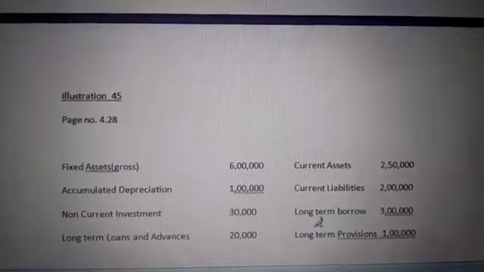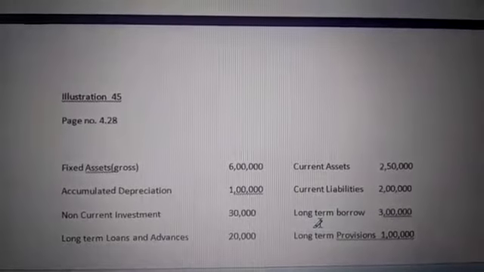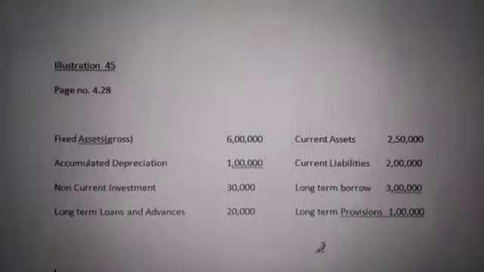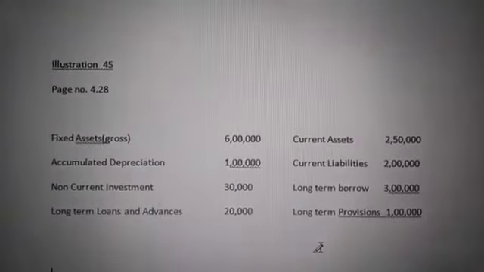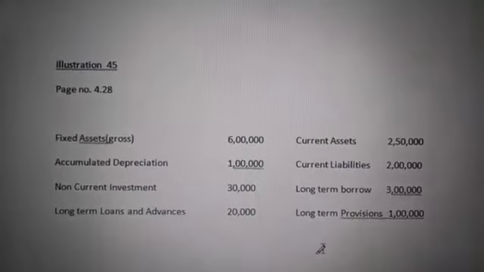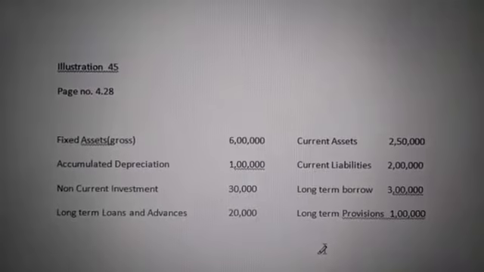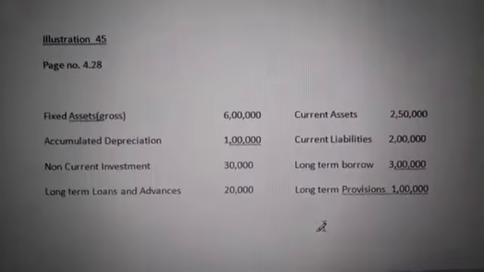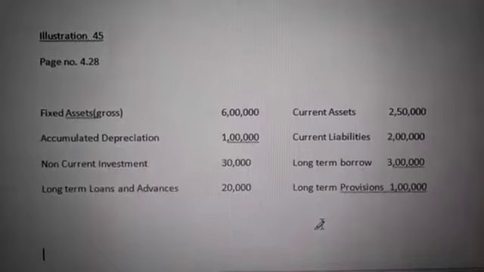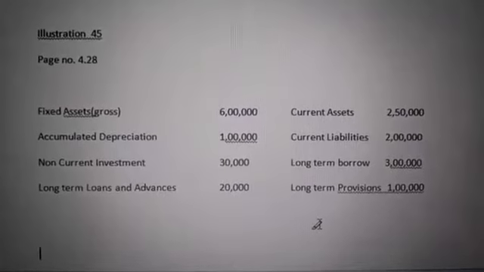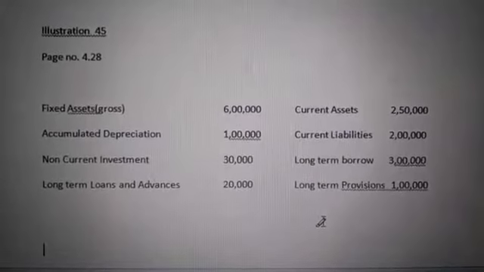Now, moving to our next question, illustration number 45, page number 4.28. Here also the question is given to us. Fixed asset is given 6 lakh. Accumulated depreciation 1 lakh.